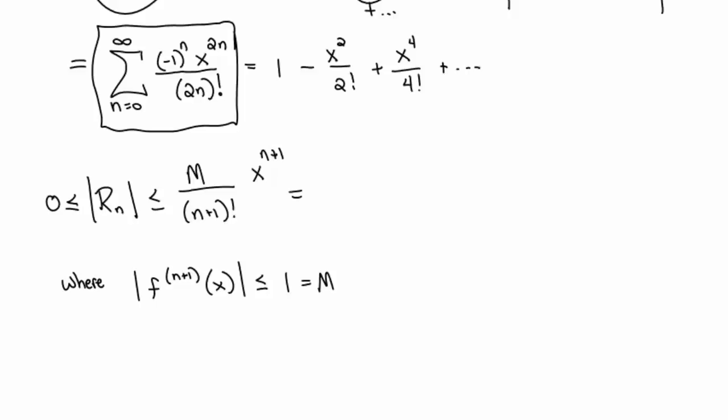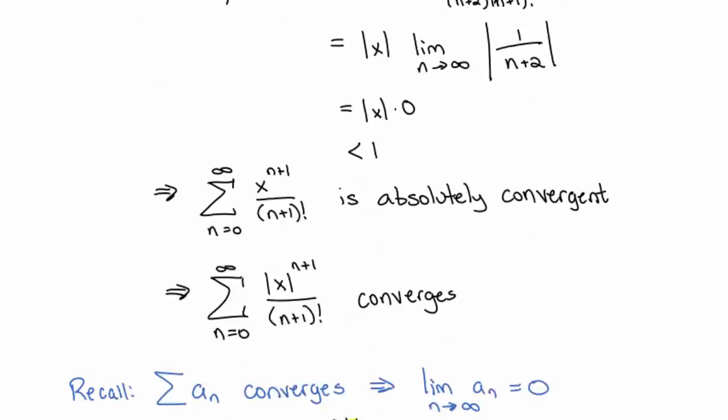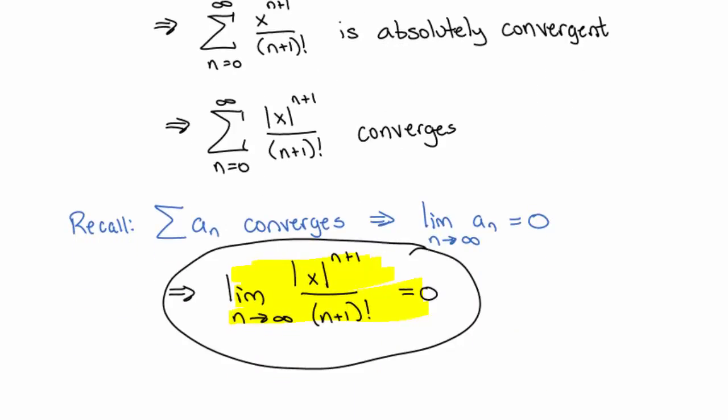So I happen to know that my remainder for the nth degree Taylor polynomial is less than or equal to 1 over n plus 1 factorial times x to the n plus 1. And we have actually shown previously, specifically right here, and you can go back a couple lectures to find this proof, that this limit is equal to 0.